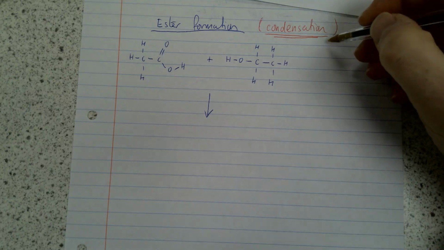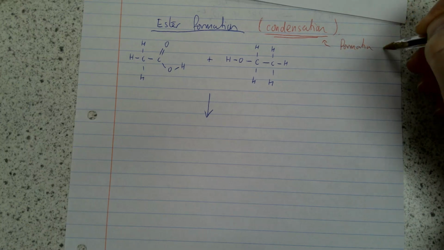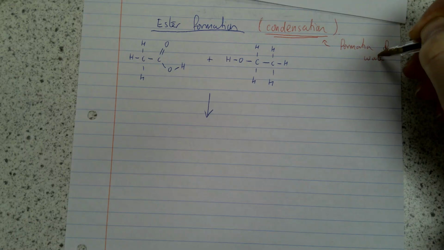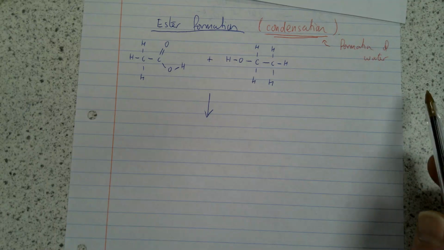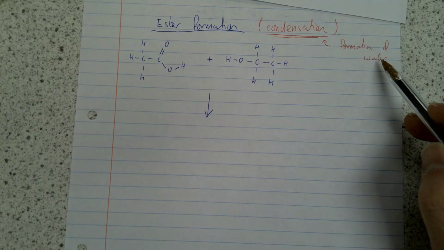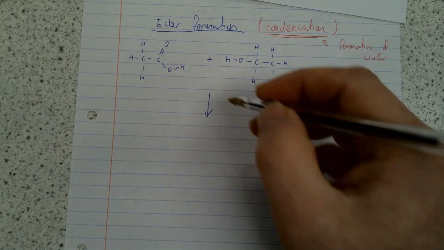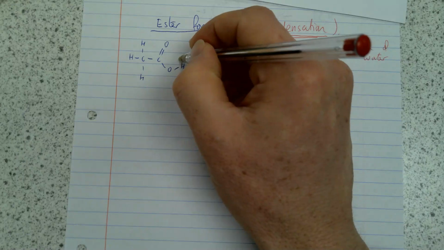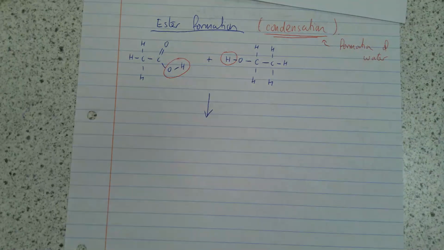So condensation, make a note: formation of water in a reaction. It can be other small molecules, but really it started off as the formation of water from a chemical reaction. So if we look at those molecules, how on earth can water be formed from them? There's an OH over here, there's an H over here, that end up being water.